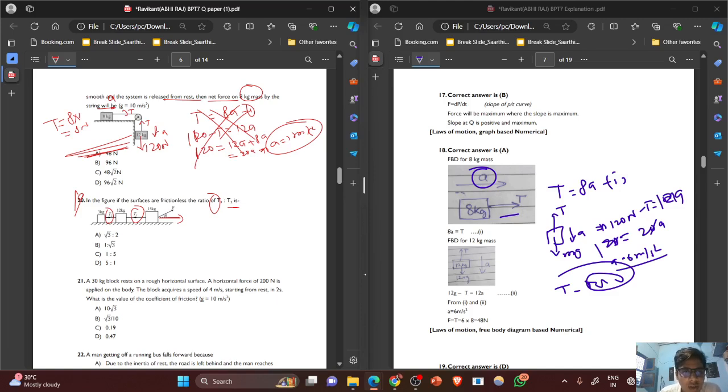So in the horizontal direction there will be F cos theta. In the vertical direction it will be F sin theta. There will be no motion in the vertical direction, we can think in this manner, there will be equilibrium. So F sin theta plus N will be 150 Newton.